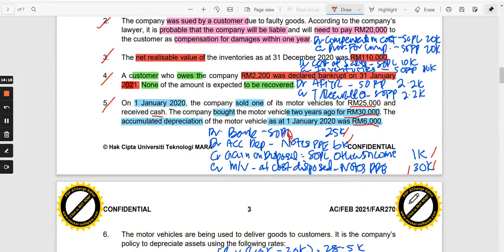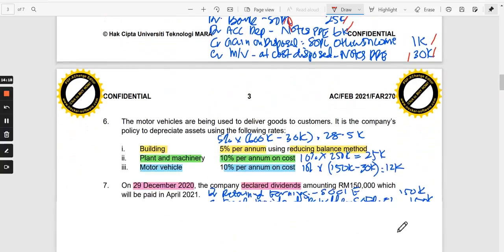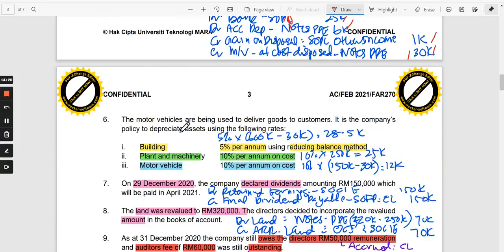You remove that, you will have 120. 120 times 10%, 12. So remember to include motor vehicle in the distribution cost, because motor vehicles were used to deliver goods to the customer. So they are used for selling and distribution purpose. Building and plant and machinery will be part of admin.